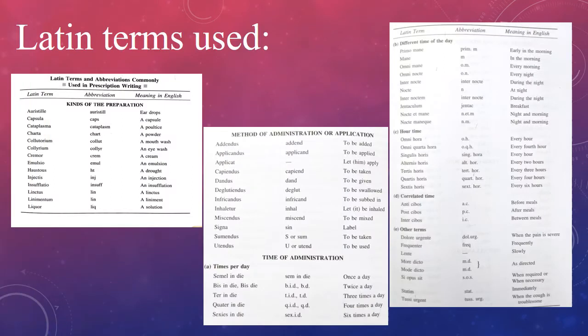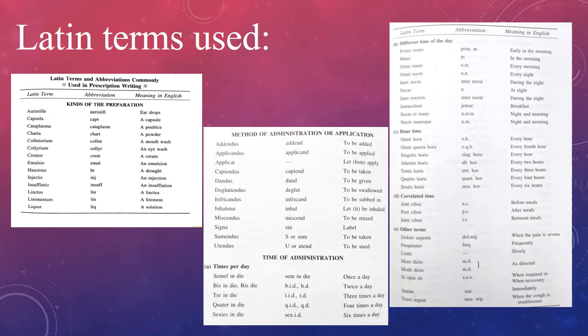These are some Latin terms used, for the kind of preparation. Oristil is eardrops, capsula, short caps, a capsule.